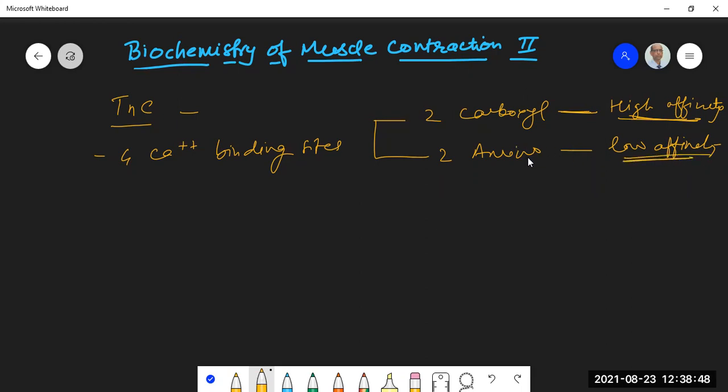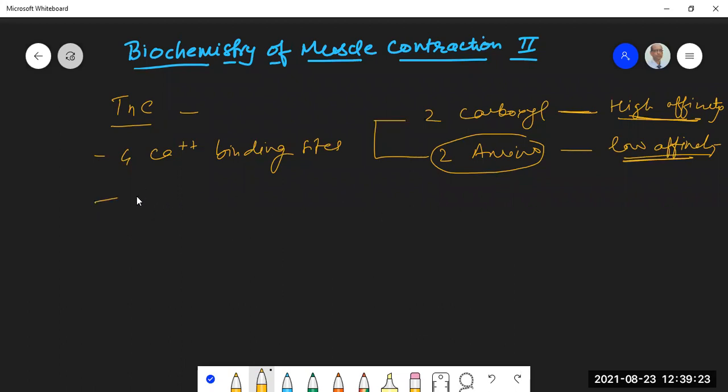When the calcium level goes up from 1 micromolar to 10 micromolar, these low affinity sites also get filled. So all 4 calcium binding sites of TnC, the calcium sensory protein of the troponin complex, will get filled.